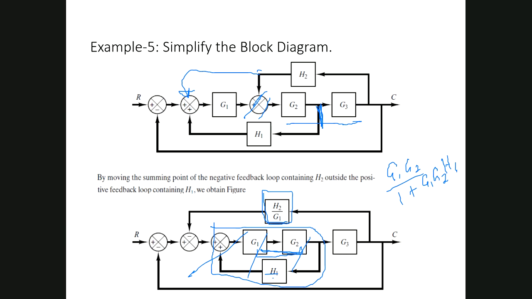Now once you replace that, you see that becomes one block in series with G3. So the transfer function of that will just be what we have here, times G3. Let's follow the block diagram.